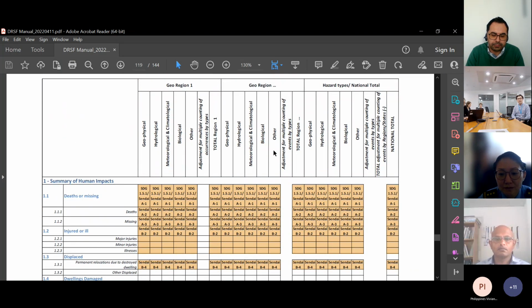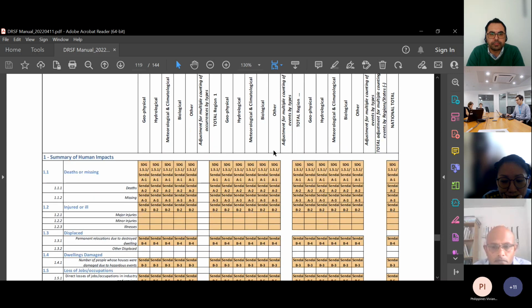The key information required in this area of statistics, as everyone can also see on the screen, is a key part of the SDG indicators, a key part of the Sendai indicators, and of our country reporting to the Sendai Monitor in terms of number of deaths, missing, and affected population.